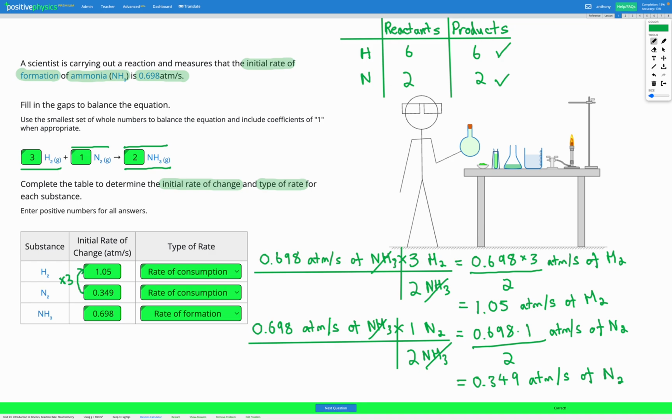We can also look from nitrogen to ammonia. For every 1 mole of nitrogen used up, 2 moles of ammonia get made. So that means the rate for ammonia should be 2 times that of nitrogen. And that makes sense because if we look here, we've got about 0.35 atmospheres per second for nitrogen, and we've got about 0.7 for ammonia, which is double. So that also makes sense.